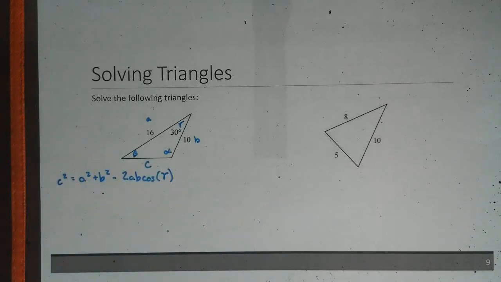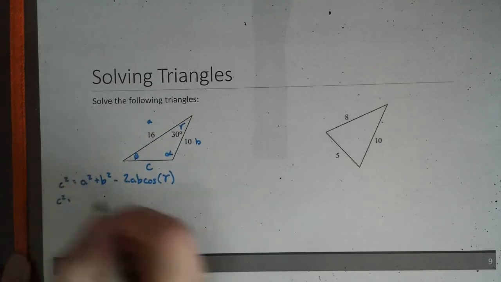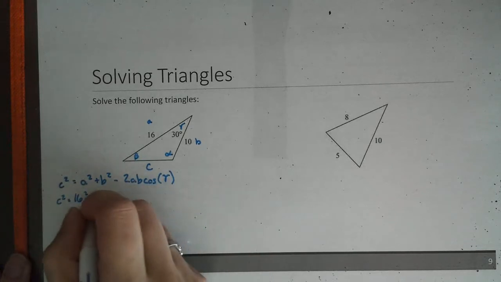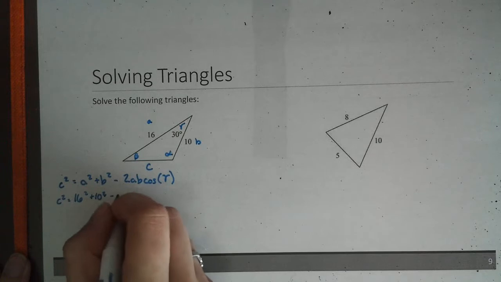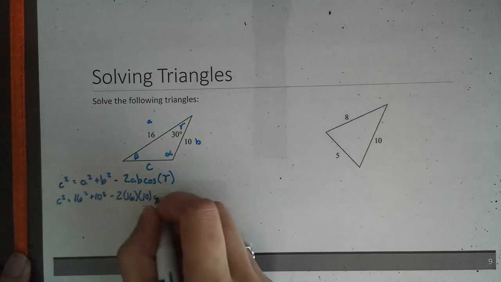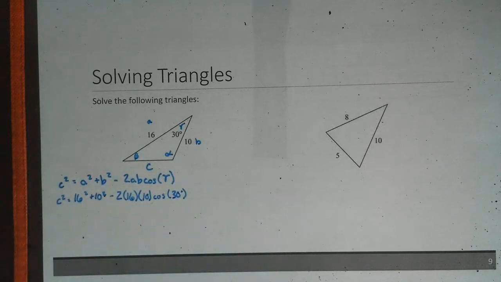I know A, I know B, and I know angle gamma. So let's plug all that in. C squared is equal to 16 squared plus 10 squared minus 2 times 16 times 10 times the cosine of 30 degrees.